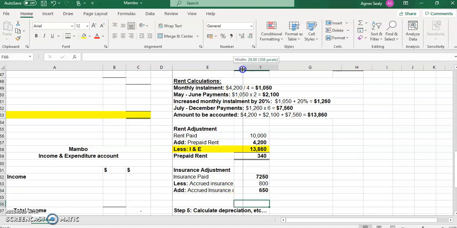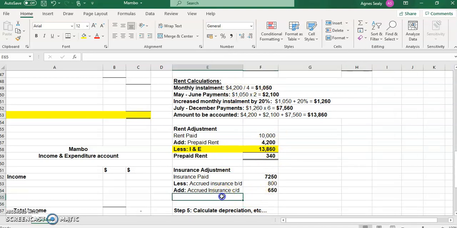So we are going to use those figures to come up with what we should include in our income and expenditure account.